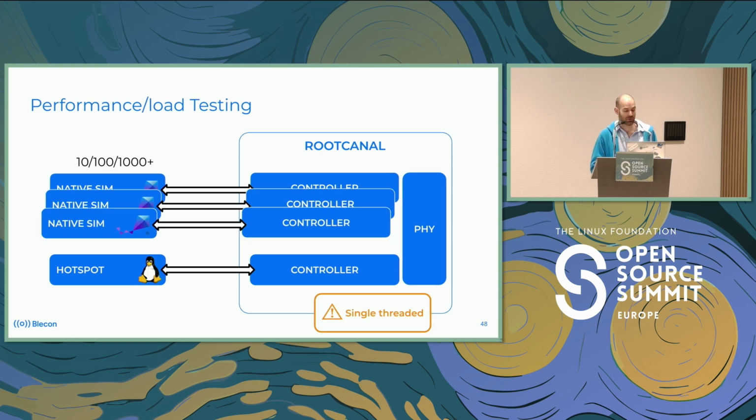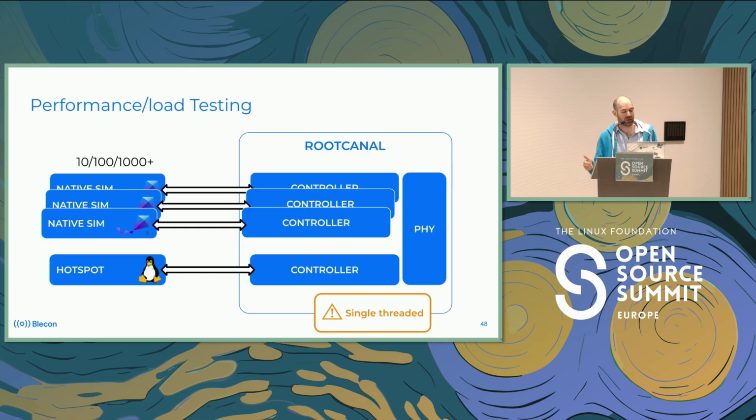The other use we're looking at for this tooling is maybe doing some form of performance or load testing. So you have, I don't know, a version of that test bed with 10,000 devices. That seems interesting, but the limitation we found is that most work on Root Canal is scheduled on the same thread.